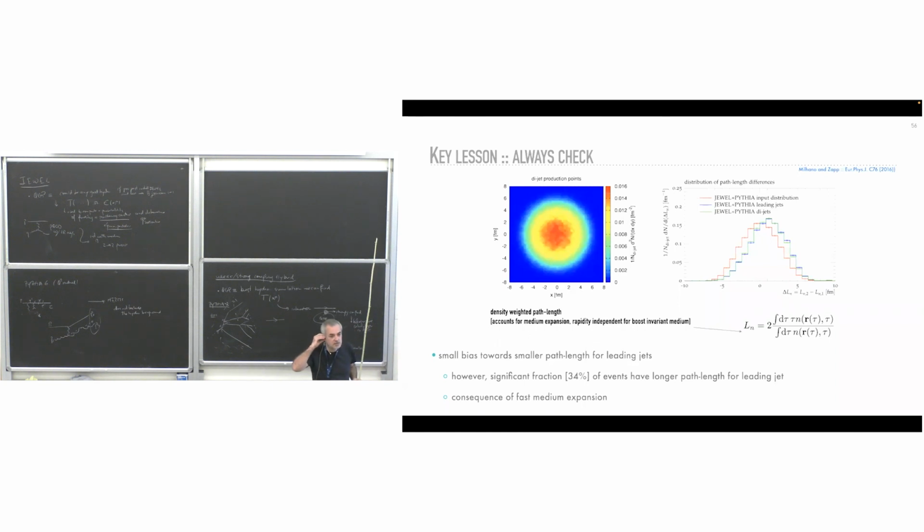So let's see how big that surface bias is. Without asking any question, just where the production points are, the red line. So this is the difference between the path of one and the other. Difference between the two paths.